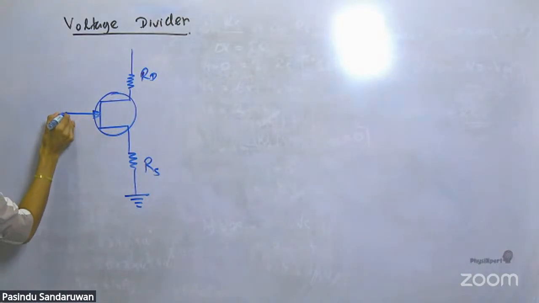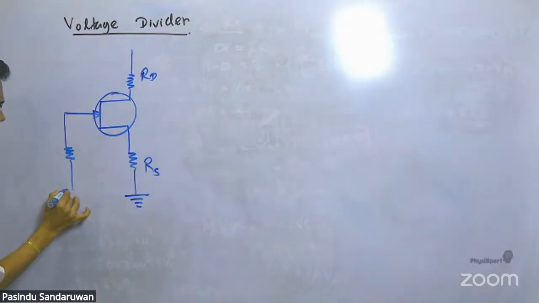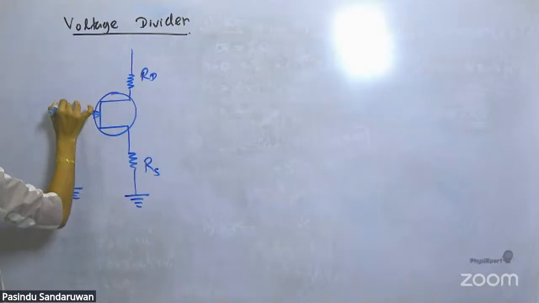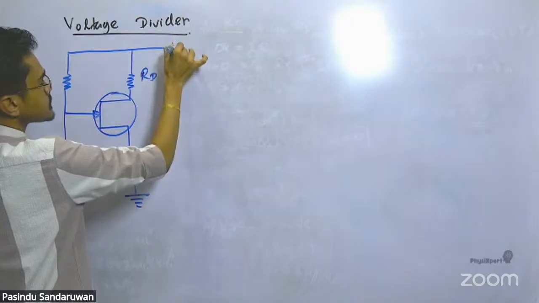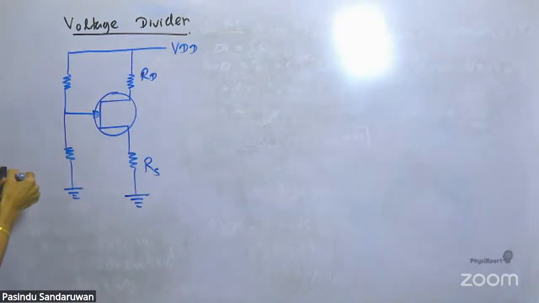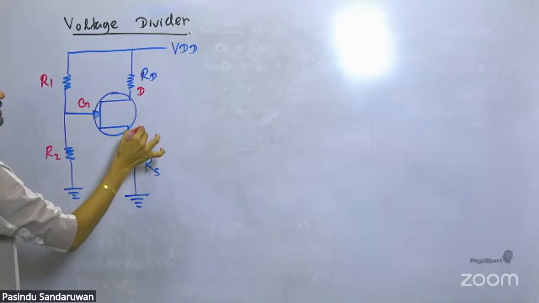Extend the gate backwards and connect two resistors like this. Label this as VDD. Label these two resistors as R1 and R2. Gate, drain, source.